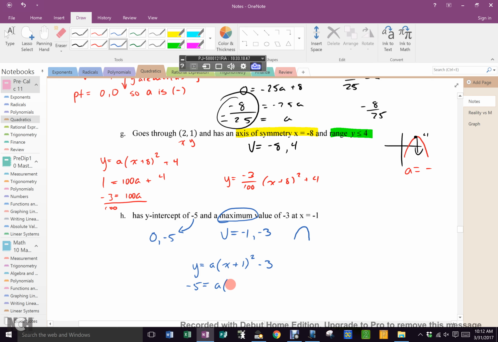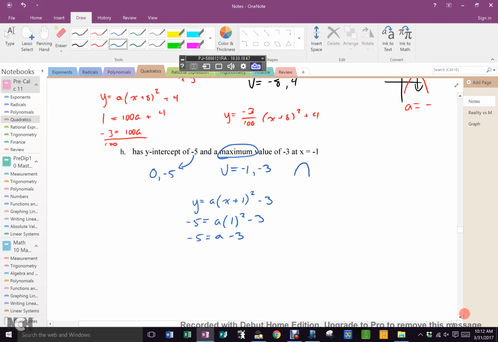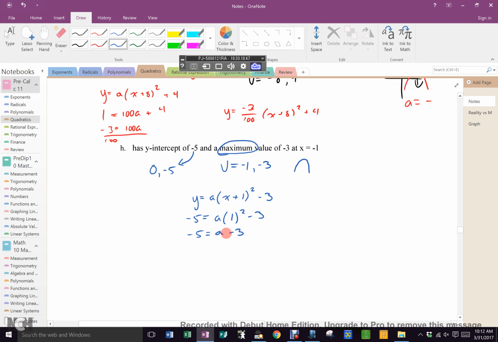Negative 5 equals a times 1 squared minus 3. Negative 5 equals a minus 3. What happens here? Plus 3, negative 2 equals a. Now, Kelvin, you asked why I left this as positive a.